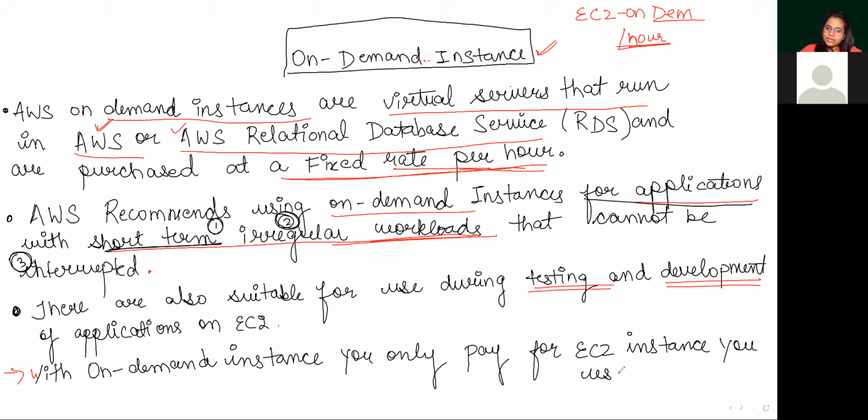Creating an EC2 instance will not charge you anything. But as soon as you start using it, like connecting with other servers such as web servers or Linux servers, or connecting with other AWS services, then they will charge you. That's the benefit of on demand.